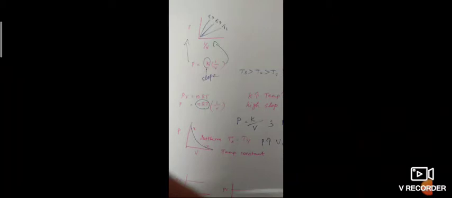The slope of the line depends upon K, which in turn depends upon the temperature. So P has been plotted along the y-axis, while 1 by V into 10 to the power 3 has been plotted along the x-axis for the sake of convenience. The three straight lines correspond to the temperatures T1, T2, T3. The higher the temperature, the greater the slope of the straight line.